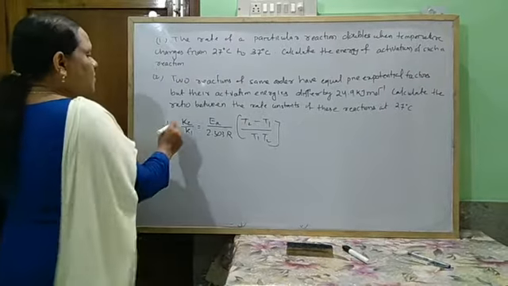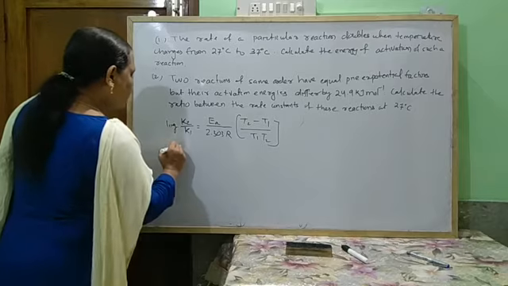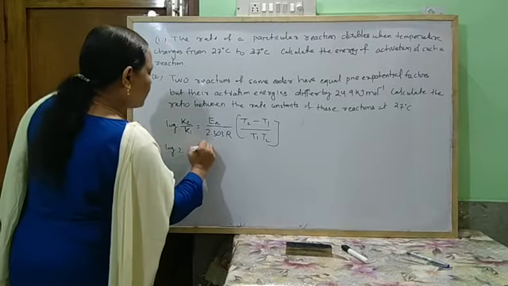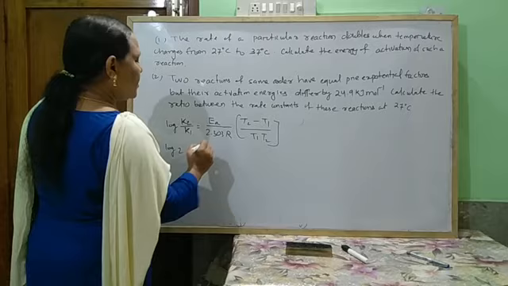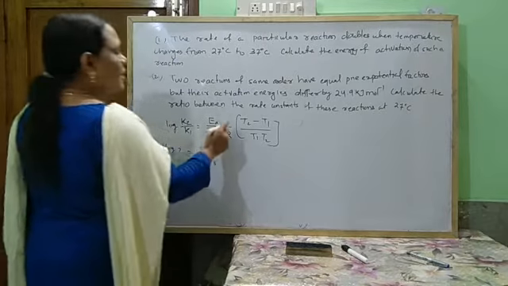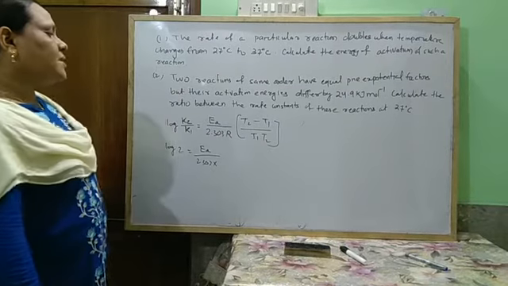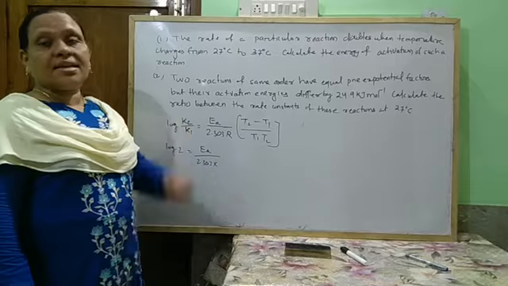So this doubles, that means k2 by k1 equal to 2, or log 2 equal to Ea by 2.303 R. R is the universal gas constant, and this term is the energy term.